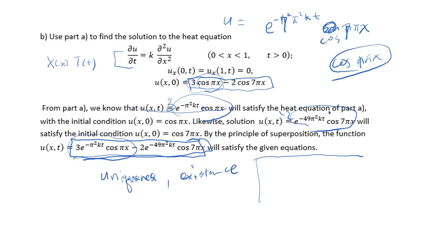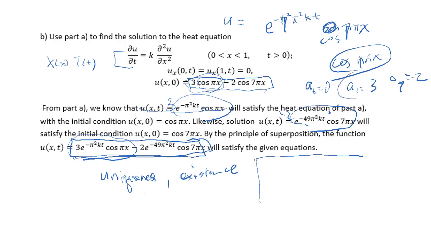The reason that this solution was so easy was because, if you think about it, this is already a cosine series, isn't it? It's already a Fourier cosine series with a0 equal to 0, a1 equals 3, a2 equals 0, and a7 is -2. All the other ones are zeros.